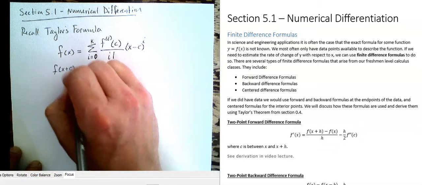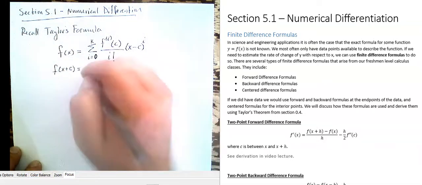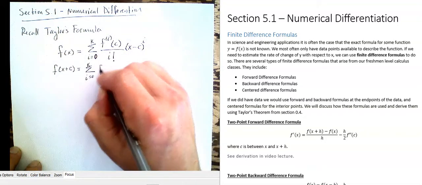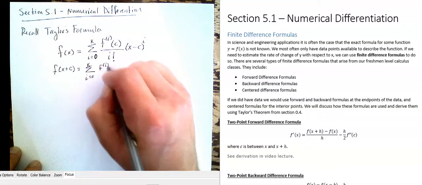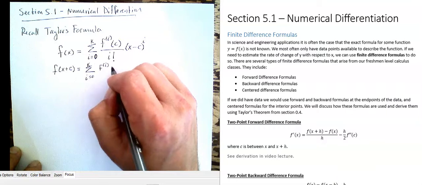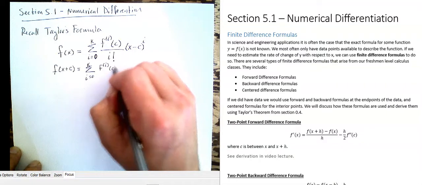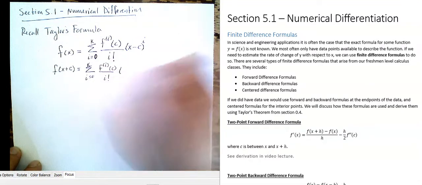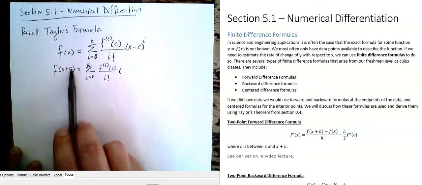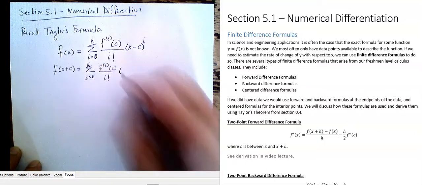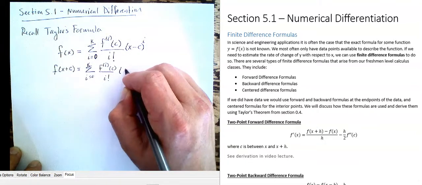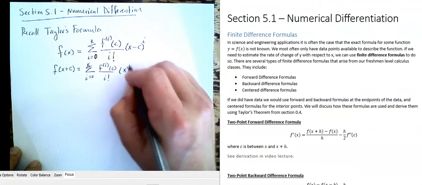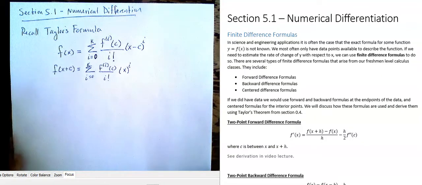c is equal to sigma i goes from 0 to k of the ith derivative at c over i factorial, times, now we're going to substitute in x plus c for x, so this just becomes x to the i.